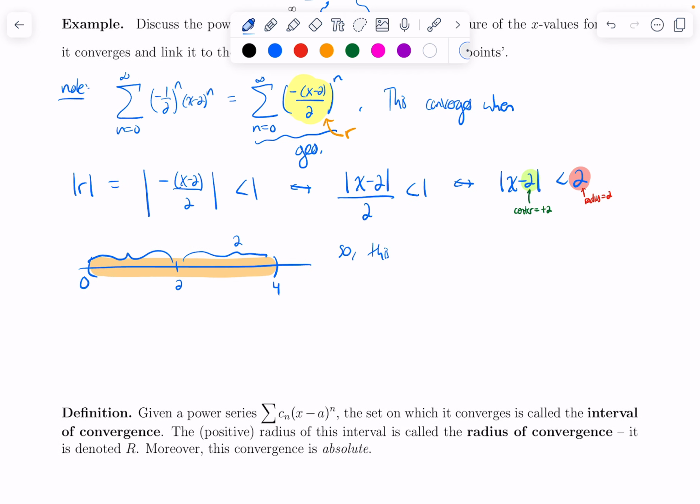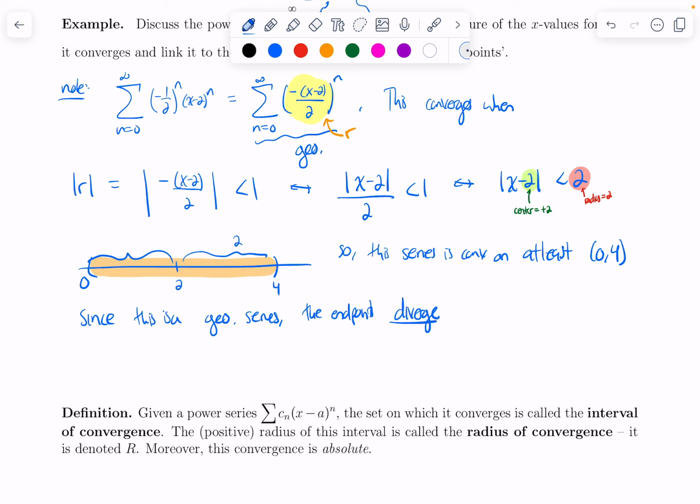So this series is convergent on at least 0 to 4. The only question is, what about 0 and 4? What about those endpoints? But like we saw last time, since this is a geometric series, we know that the endpoints diverge. So we converge on, it looks like, 0 to 4.